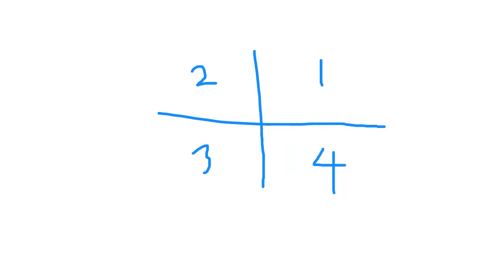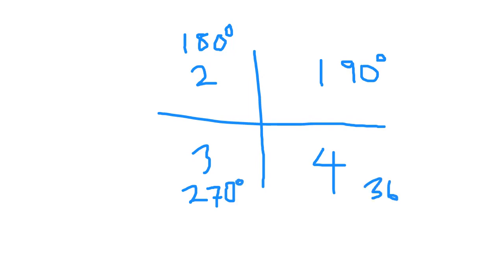This is your 90 degrees, your 180 degrees. I'll give the reduction formula table, don't worry. This is your 270, and this is your 360. Okay, this is the quadrant table you know.